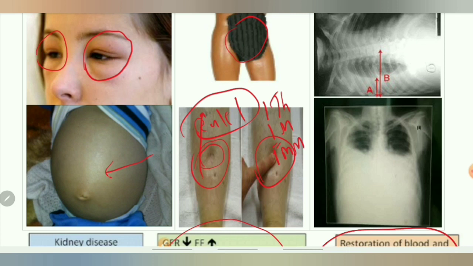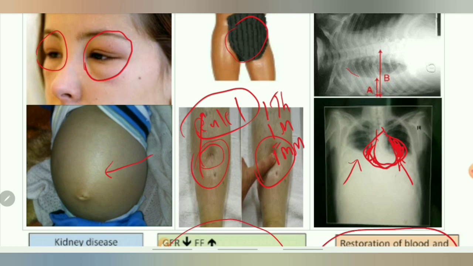Because of the distended abdomen with ascites, or because of pleural effusion, or sometimes even we may get a large heart silhouette because of pericardial effusion. All these are explained in the same way.